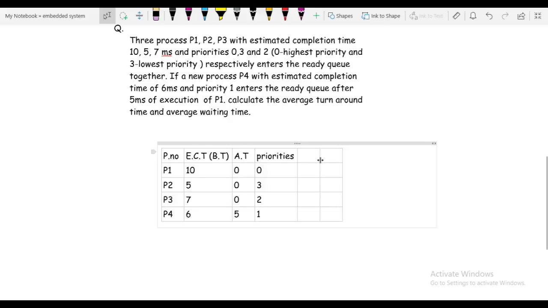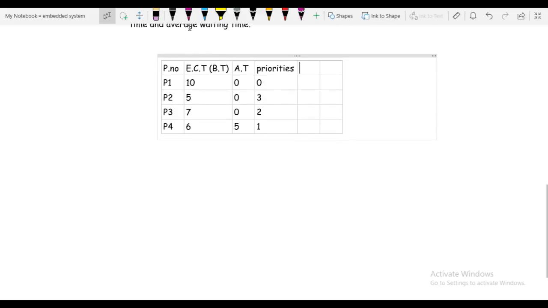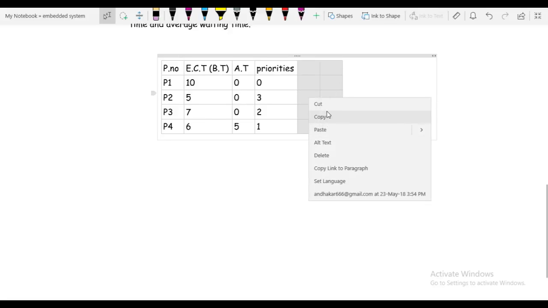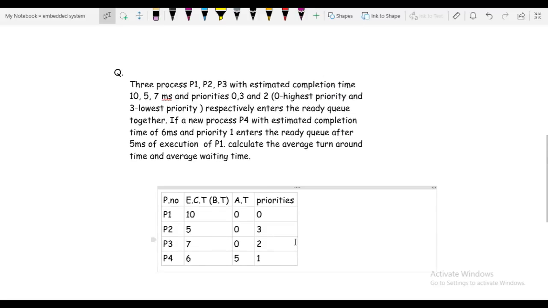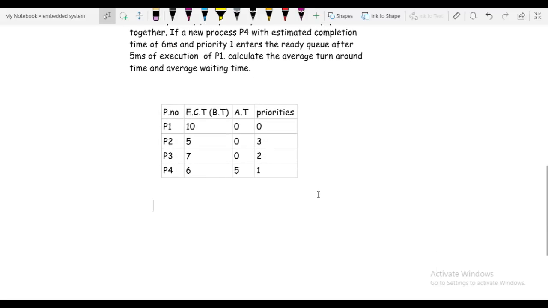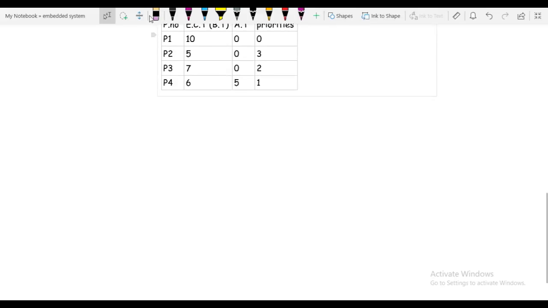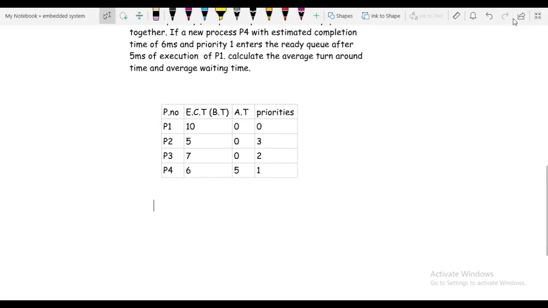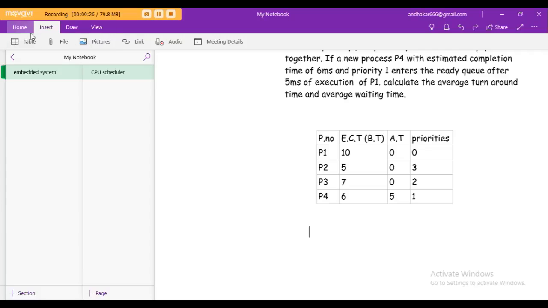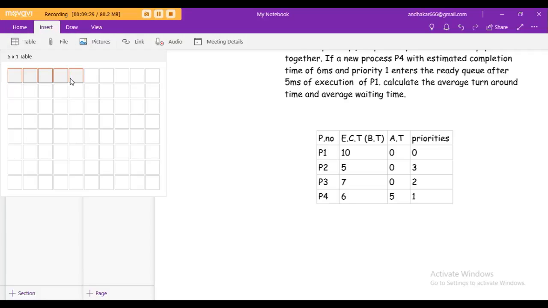Arrival time done, estimated completion time done. Now let's construct a Gantt chart for this, according to the question, right? For this, this is the non-preemptive version.